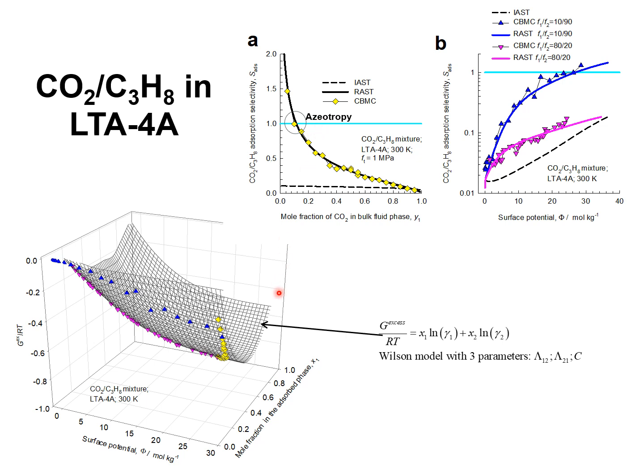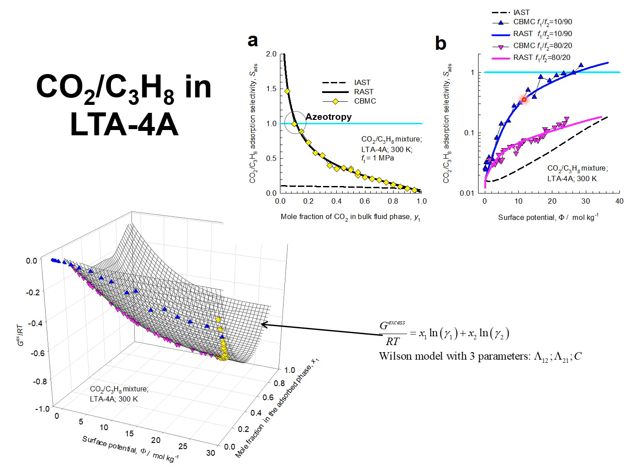Another type of selectivity reversal occurs for 10-90 mixtures of CO2 and propane, in which the total fugacity is increased from, say, 1 Pascal to 10 to the 6 pascals.